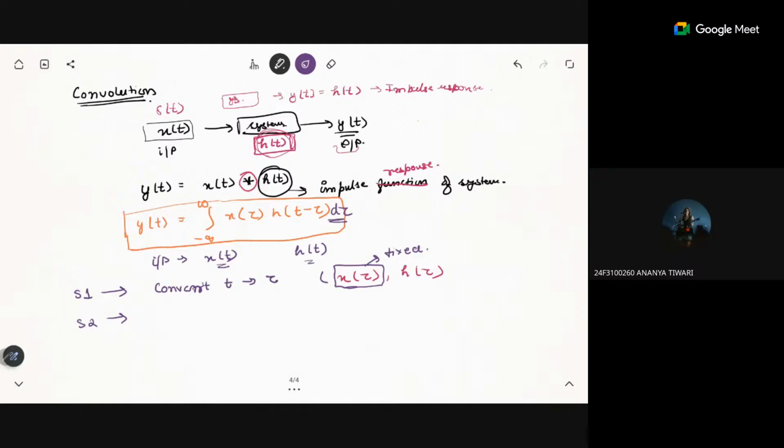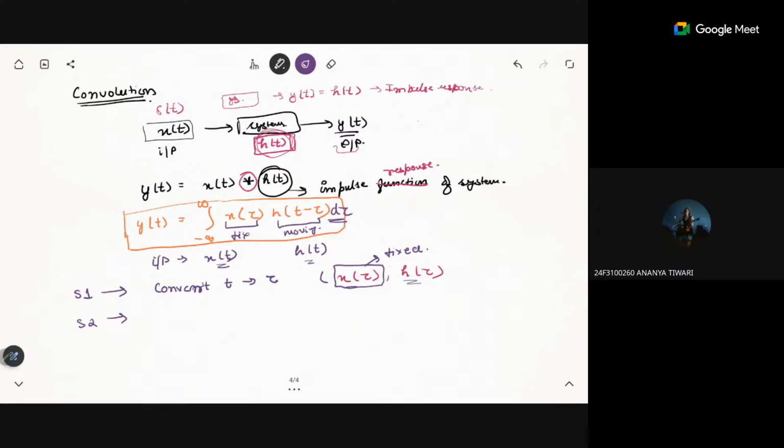I will show how it is moving. So we will fix this x of tau, and this h of tau is moving.